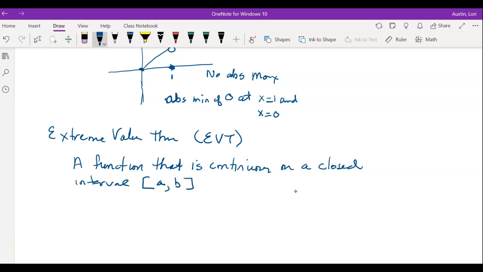It has to be a function. That's important. It's got to be continuous. And it has to be on a closed interval. All right. Has an absolute maximum and minimum value on that interval.